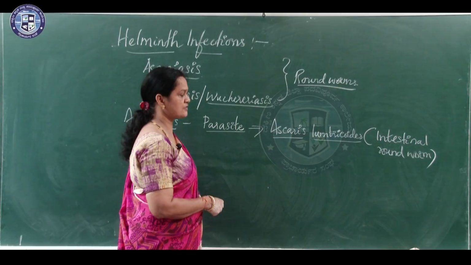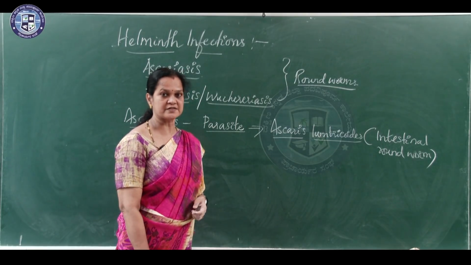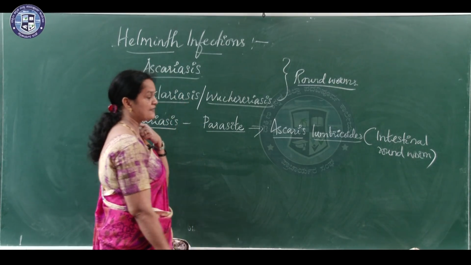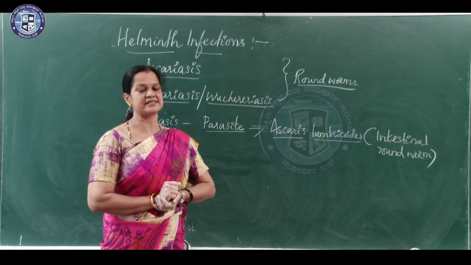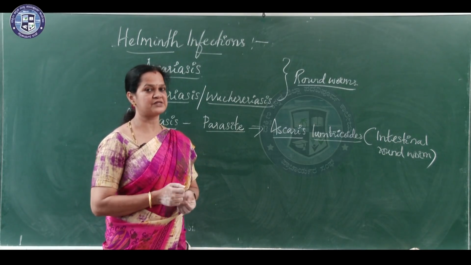Ascaris lumbricoides or intestinal roundworm causes ascariasis. And there is no intermediate host in its life cycle. So, direct infection will be there.